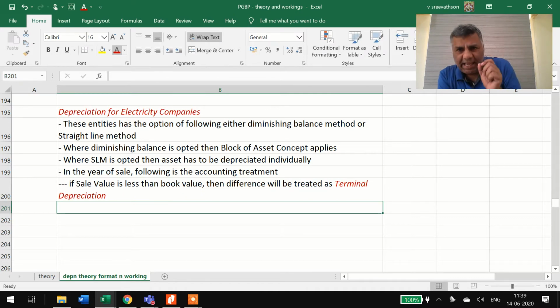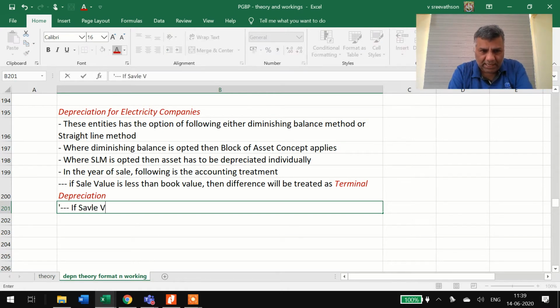If the sale value is 10 lakh and the book value is 12 lakh, 2 lakh will be charged off as last. Terminal means last. So that 2 lakhs will become terminal depreciation.